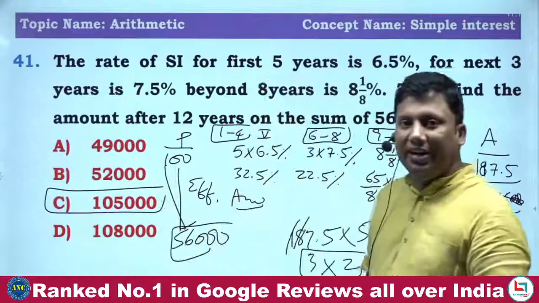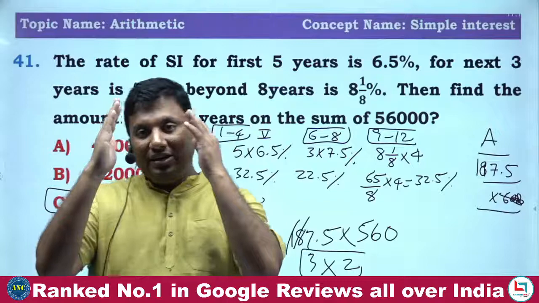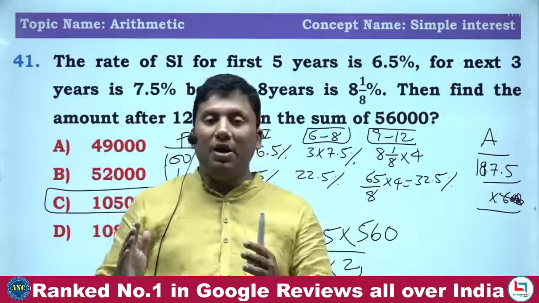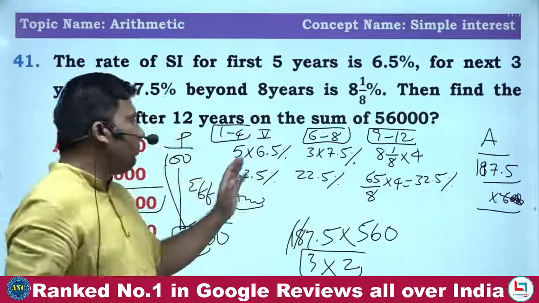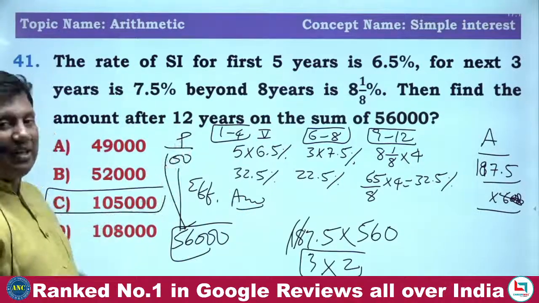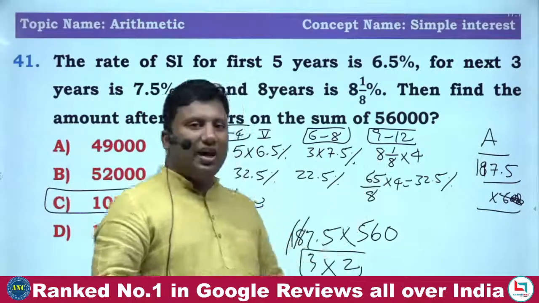I hope the idea is clear. Till now we did a question in the first session where the rate of interest is the same, or we had to change it into days or number of months. But here for the first 5 years it is 6.5, next it is 7.5, next it is 8 1 by 4.